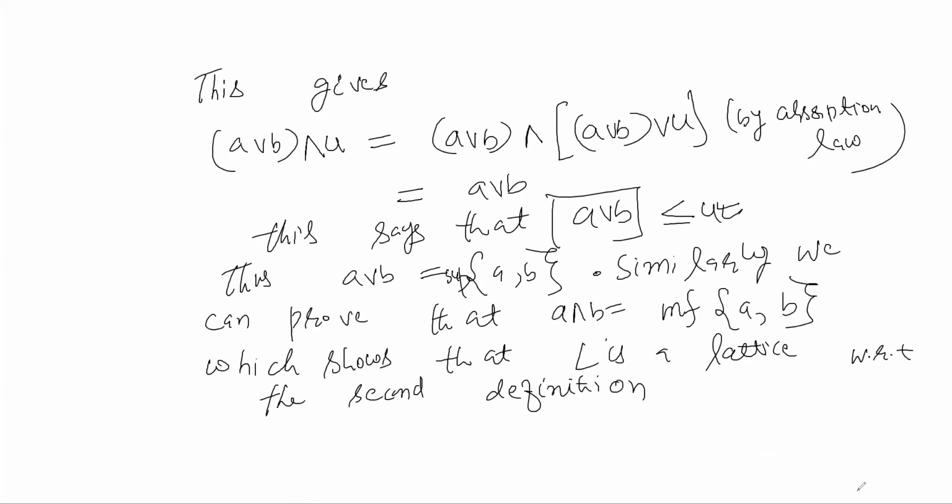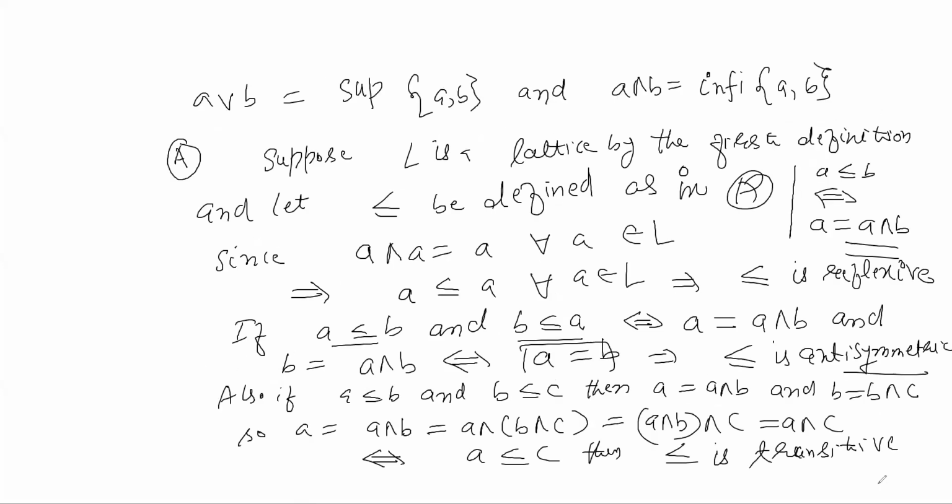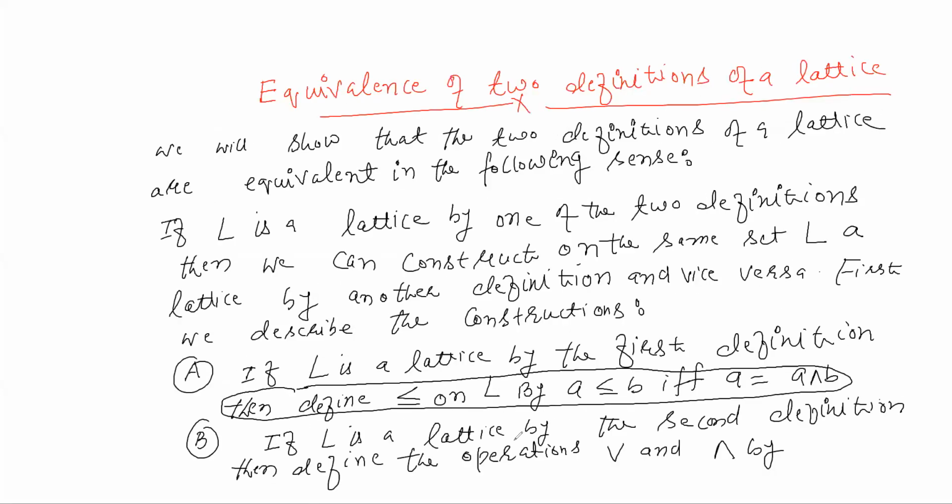So we have seen that if L is a lattice with respect to the first definition, then it is a lattice with respect to the second definition.